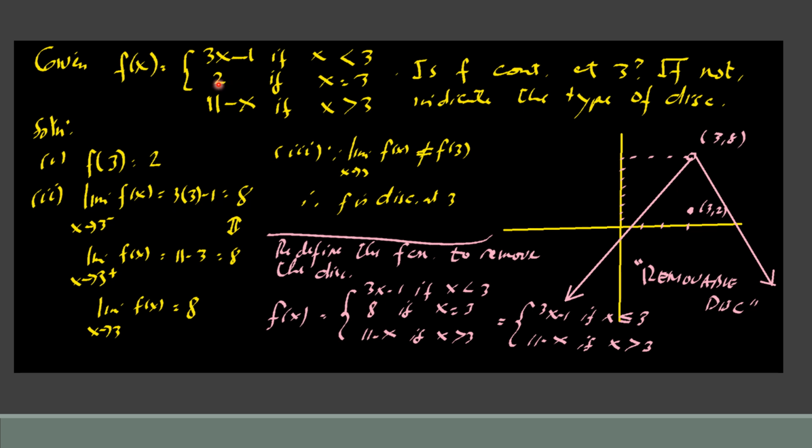So before it's equal to 2, now we redefine it to be equal to 8. And for x greater than 3, it is 11 minus x. Another way of redefining this function is by setting 3x minus 1 if x is not just less than 3, but also equal to 3, because it will also give us the function value of 8.